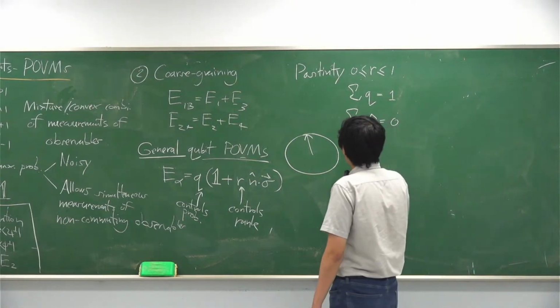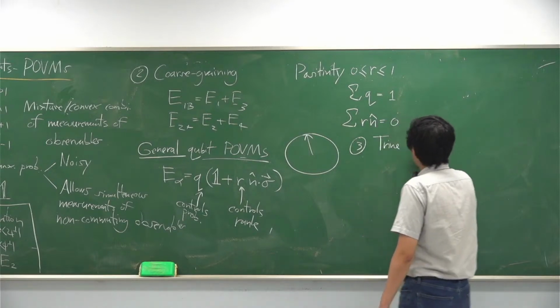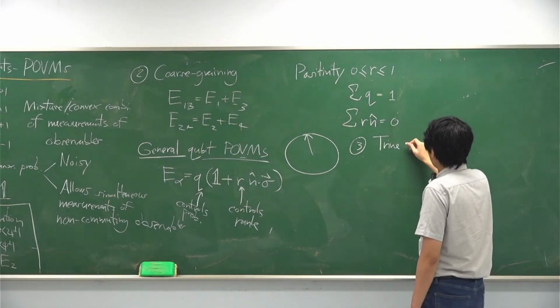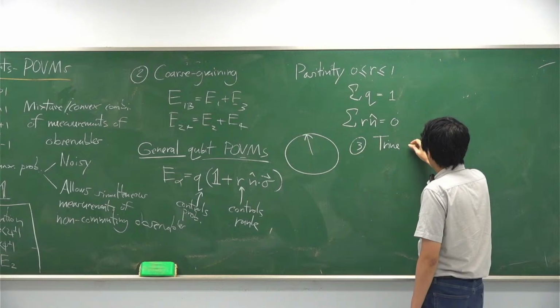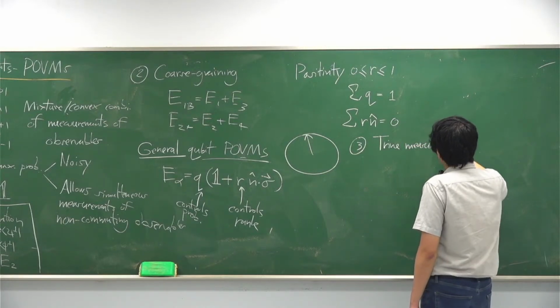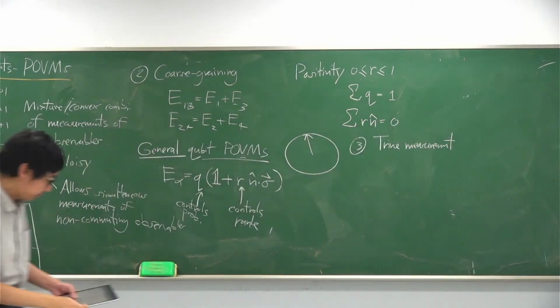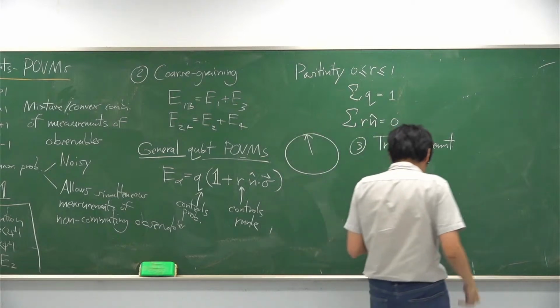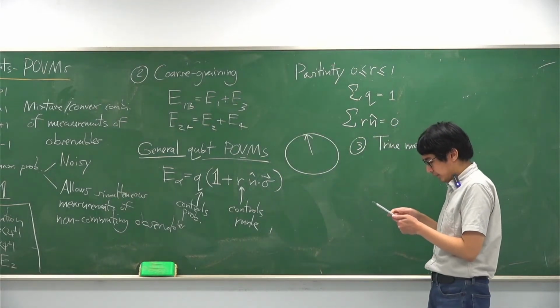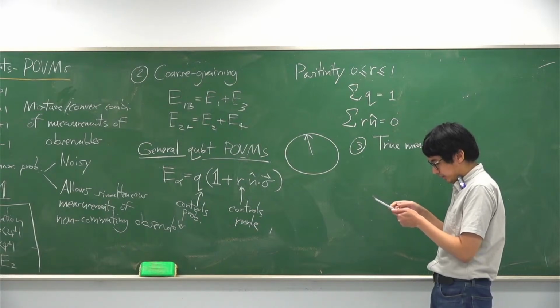And so, for example, we can design a measurement. This one is called the trine measurement. Okay, I don't remember, let me look up how I defined it in the problem set.